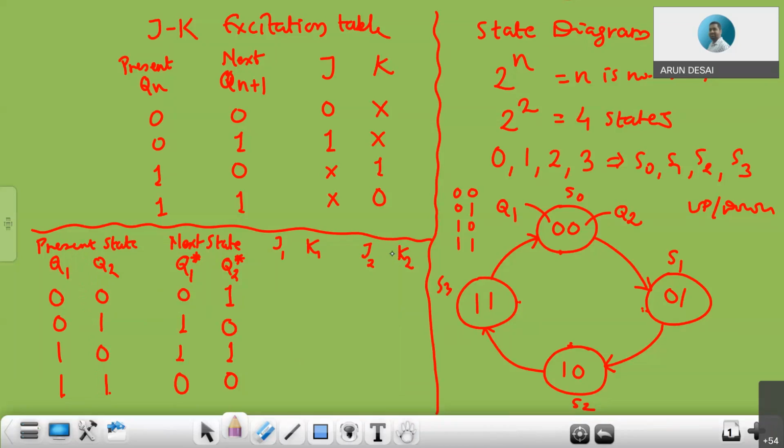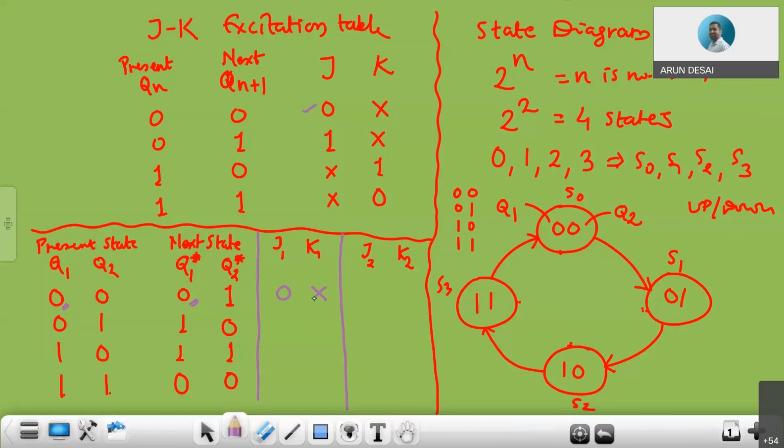So we are trying first for J1 K1, and then we'll try for J2 K2. In this case, my present output is 0 and my next output is 0. In that case, what would be the input in JK's excitation?